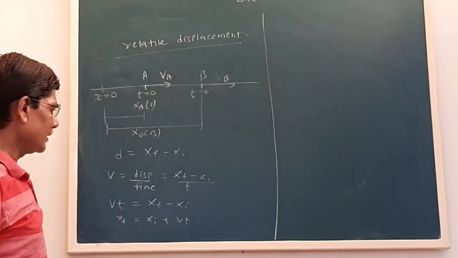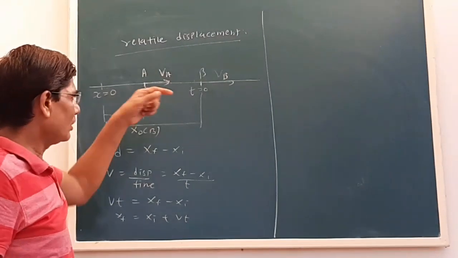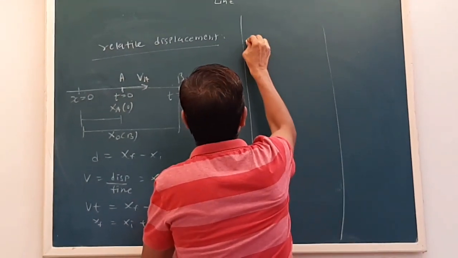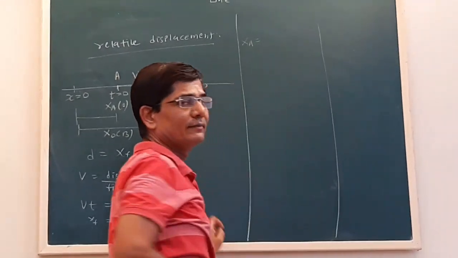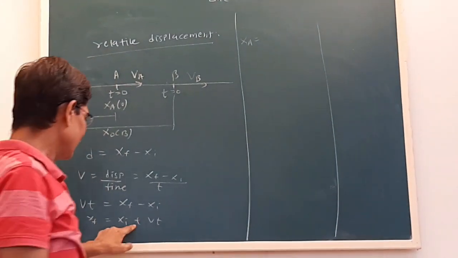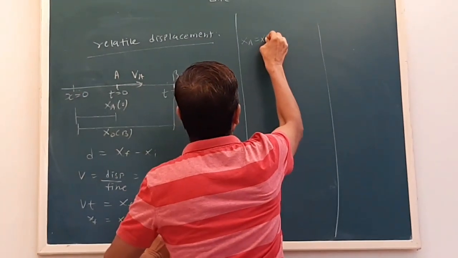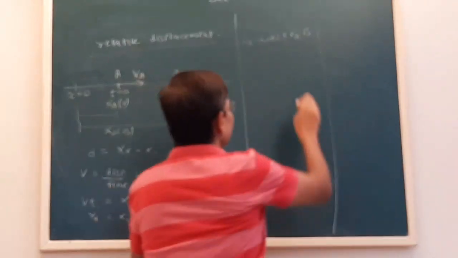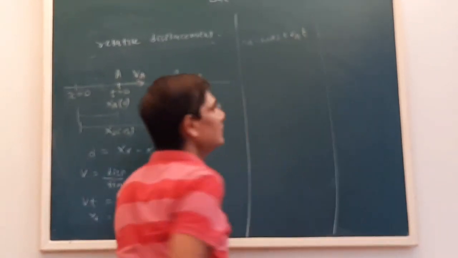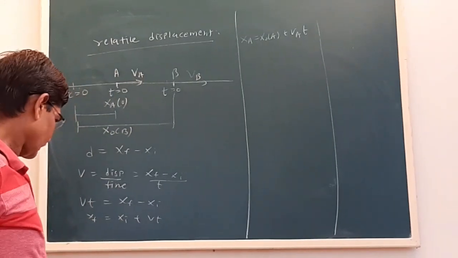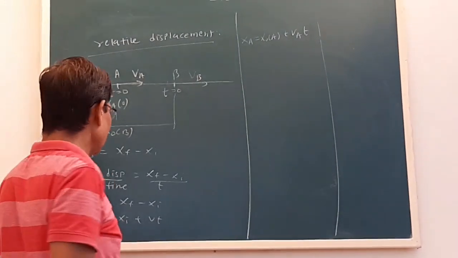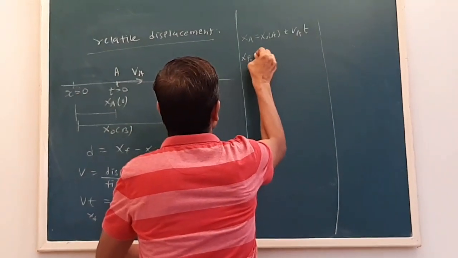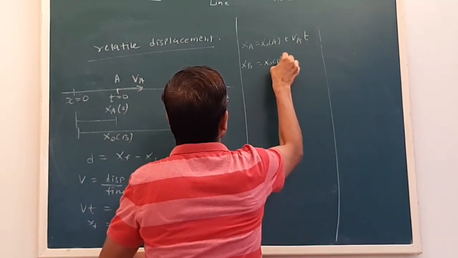Now see, here we write for the two objects A and B. Let us say the final position of A, xa, is x0a, that is the initial position, plus Va into t. Now similarly, if we write the equation for B, then it will be xb, that is the final position, equals x0b plus vb into t.